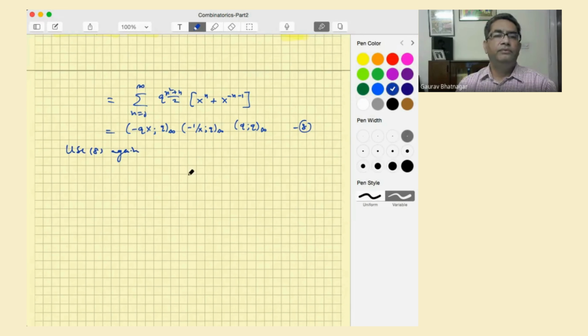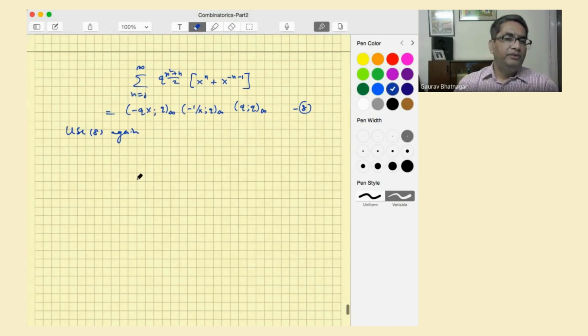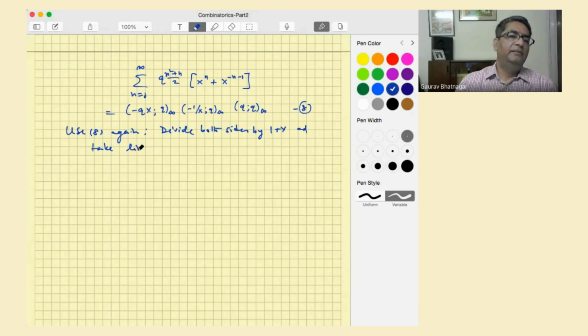What do we do? What we do is we divide both sides by 1 plus x and take the limit. So we divide both sides by 1 plus x and take the limit as x goes to minus 1. So what do we get on the left hand side?